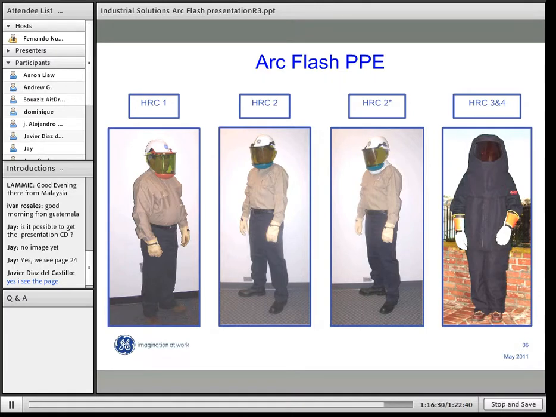There is a type of ski mask that has that name that's made out of heavy wool, but this is made out of arc-resistant, fire-resistant cloth instead. And that will protect, for example, the back of your neck and your ears and things which may not be protected by the face shield.